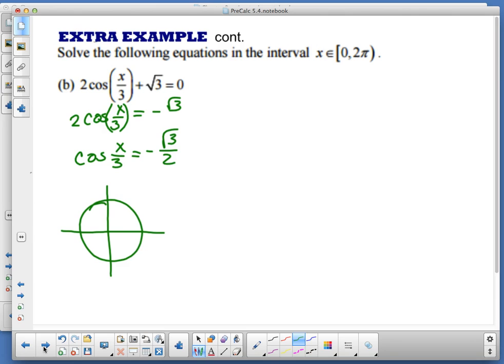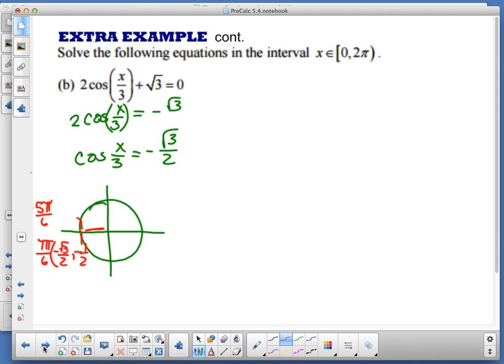Now, negative square root of 3 over 2 is back here, and it's up here or down there. This is 5 pi over 6. It's really close. The board is kind of funky. 5 pi over 6 and 7 pi over 6 both have a negative square root of 3 over 2.